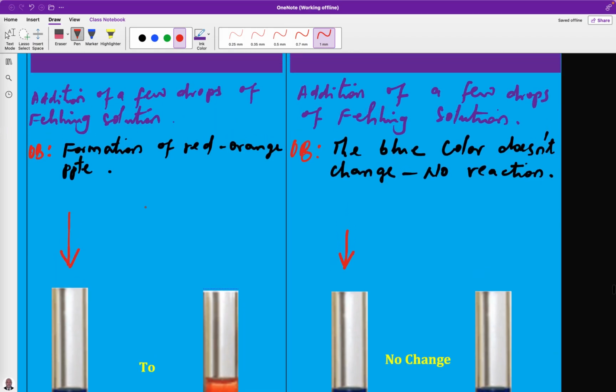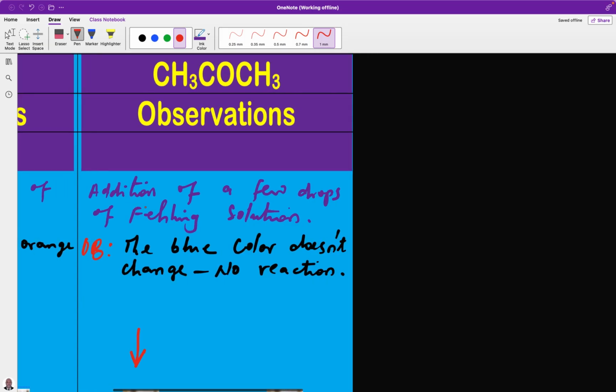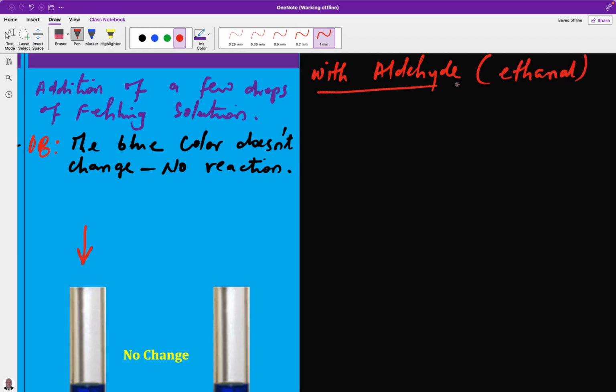Let me just write an equation so that you can better understand what I am saying. With the aldehyde, that is ethanol, what happens? Let me write the equation for you to see.